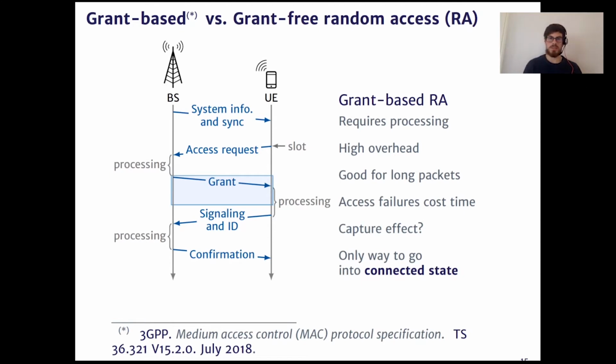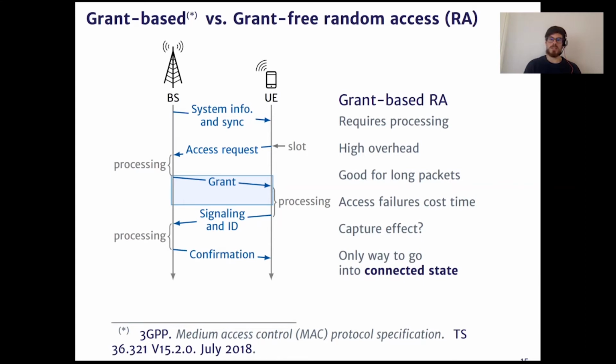The interesting part about grant-based random access and why it has been so widely used is that LTE and previous systems were designed for broadband traffic or simply calls. And grant-based random access is quite good to transmit long packets.